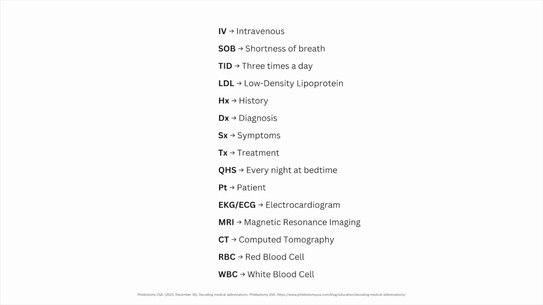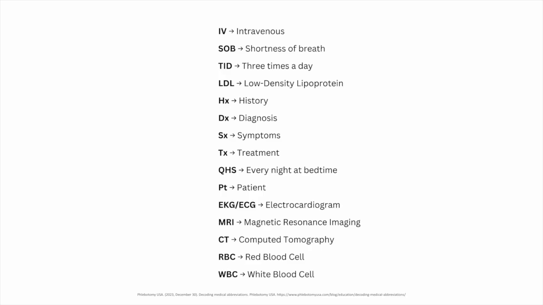TID is an abbreviation for 3 times a day, and it's easier to remember by considering the T at the front as 3 or trio. So TID is 3 times a day. It's usually used in the context of prescribing medicine, like please take this medicine 3 times a day. Take this medicine TID.